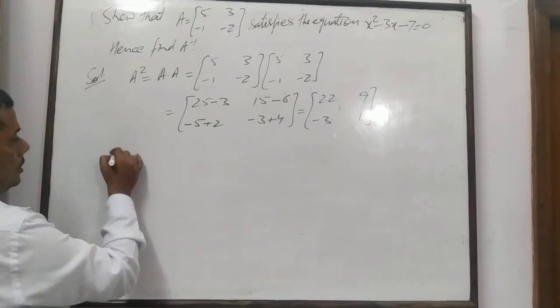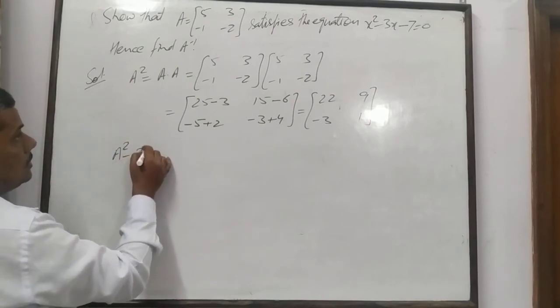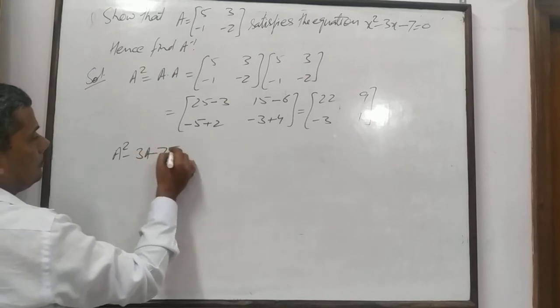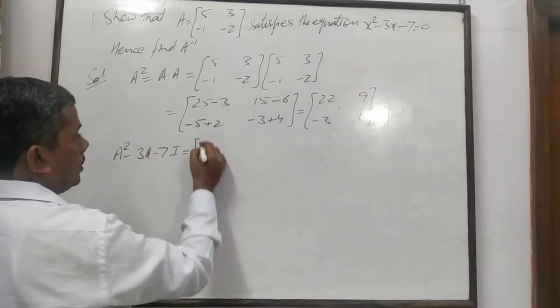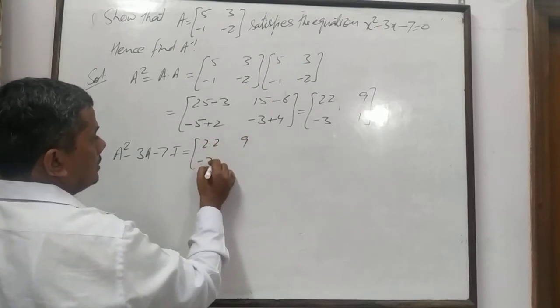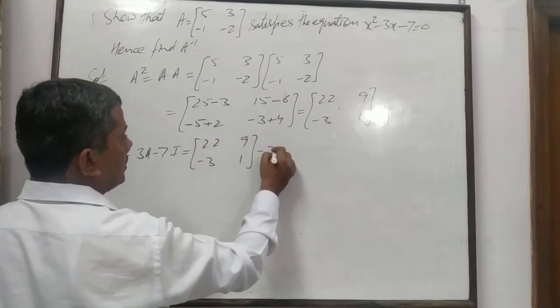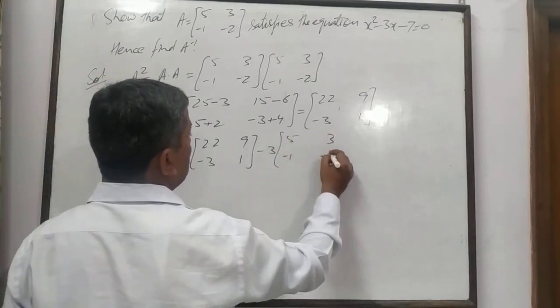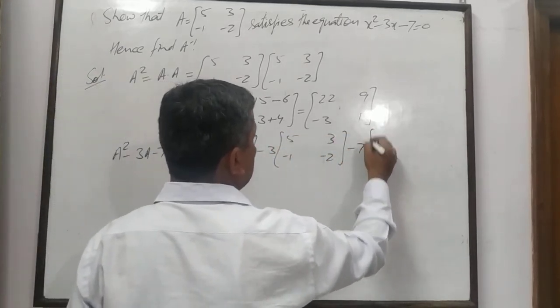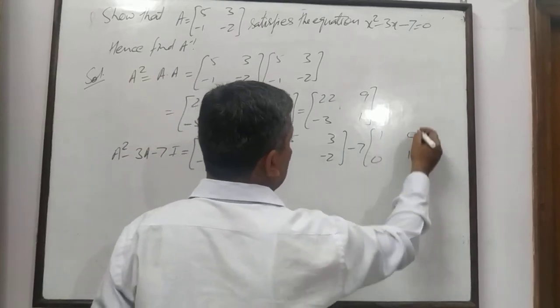So let's find out A square minus 3A minus 7I. This will be 22, 9, -3, 1, minus 3 times A, which is 5, 3, -1, -2, minus 7I, which is 1, 0, 0, 1.